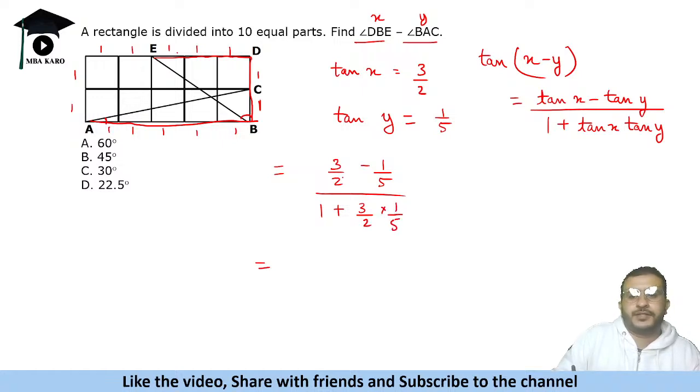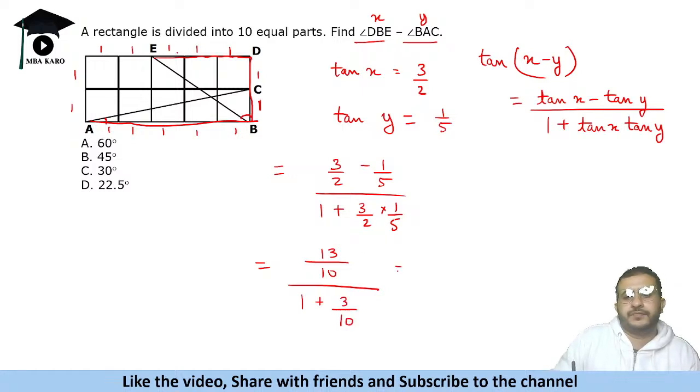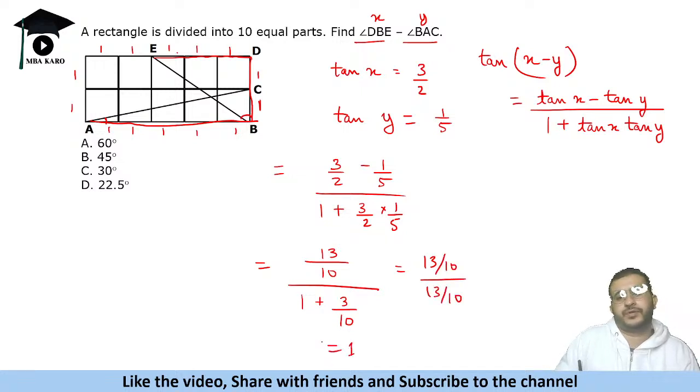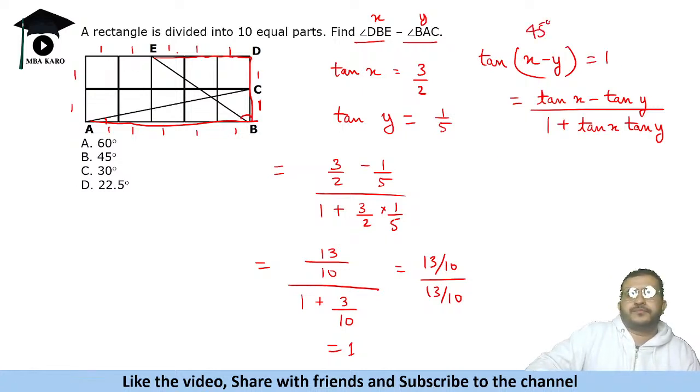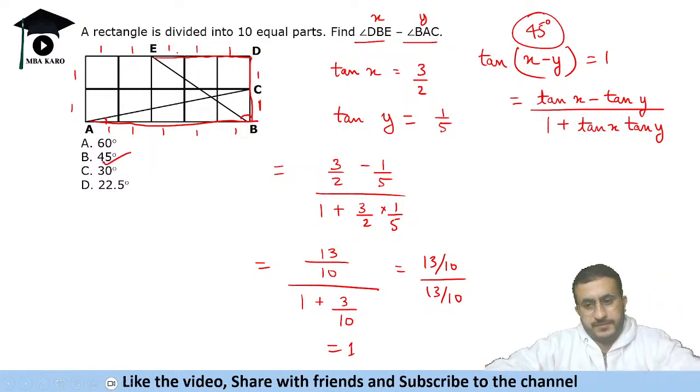So आपका कितना आ जाएगा? 15 minus 2, 13 by 10 upon 1 plus this is 3 by 10, which becomes 13 by 10 upon 13 by 10, or 1. Okay, the answer is 45 degrees.